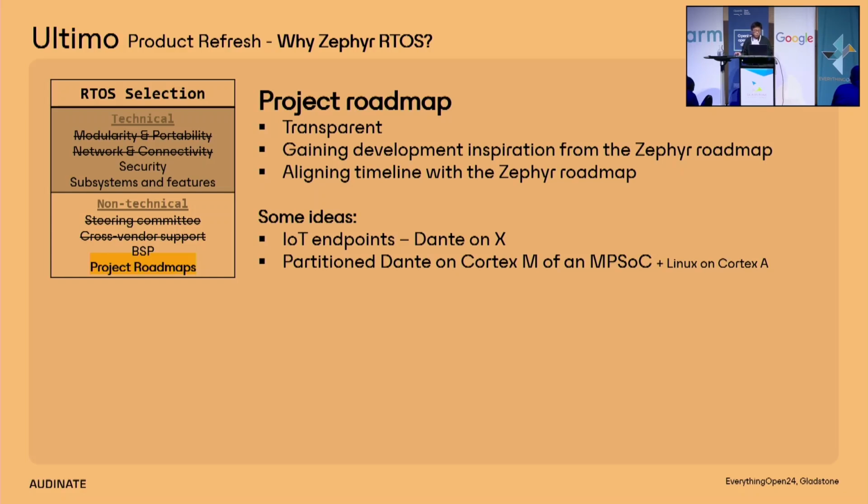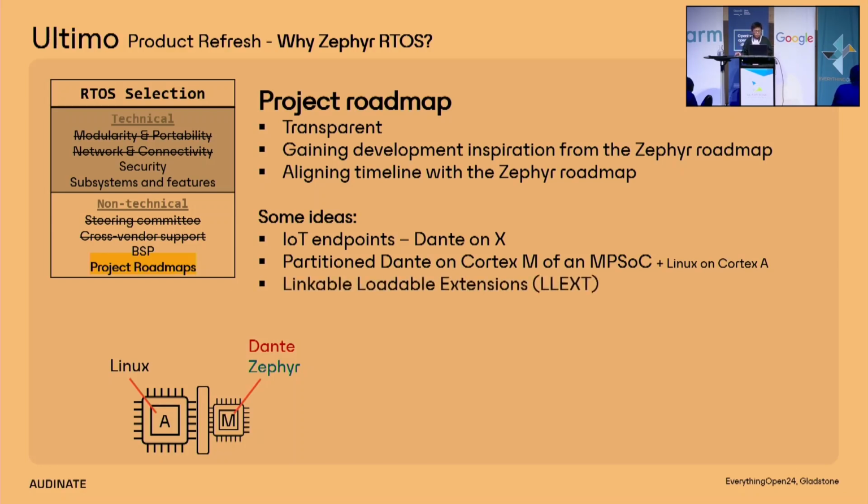Although this is not new, since it is supported, this is nice. In this case, this will probably be on a multi-processor SoC, where you have a larger Cortex-A core that is Linux capable, and a smaller real-time core, either a Cortex-M or Cortex-R, that we can run Dante on, and leave the more powerful processor for more intensive work for the customers. There's also some interesting features that got released recently.